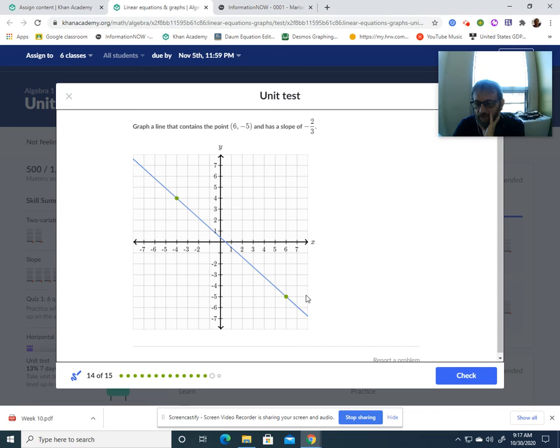So instead of going 2 down, 3 right, I'm going to go 3 left and 2 up. Notice this is 2 down, that's my top, -2, and then 1, 2, 3 left. Or you can think of it as going 3 left and 2 up, but there's my slope, there's my line. It goes through the point 6, -5, and then it also goes through the point 3, -3.